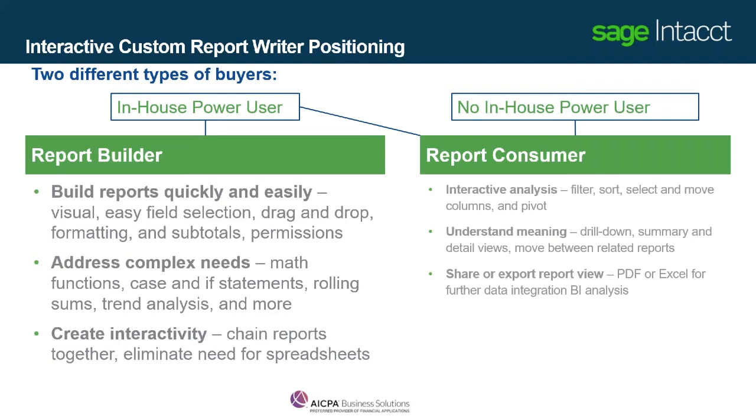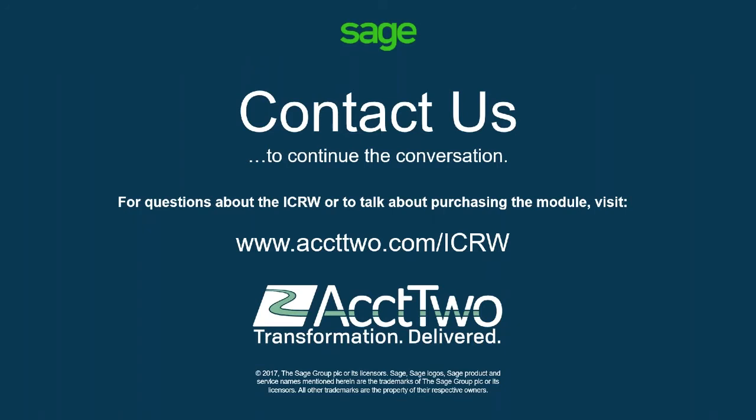And that's something that when you get that call from your AcctTwo representative, you want to make sure and take that call so that you can ask any questions about these different types of buyers or users and ask any other questions as well. So want to make sure that if you don't have those power users, you still can utilize the functionality and get the value of ICRW.